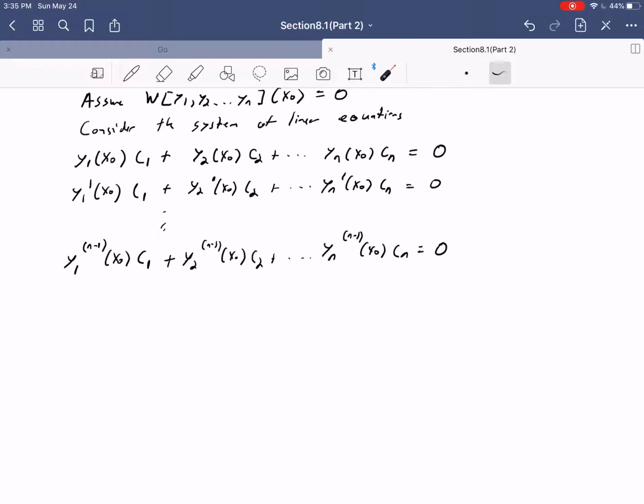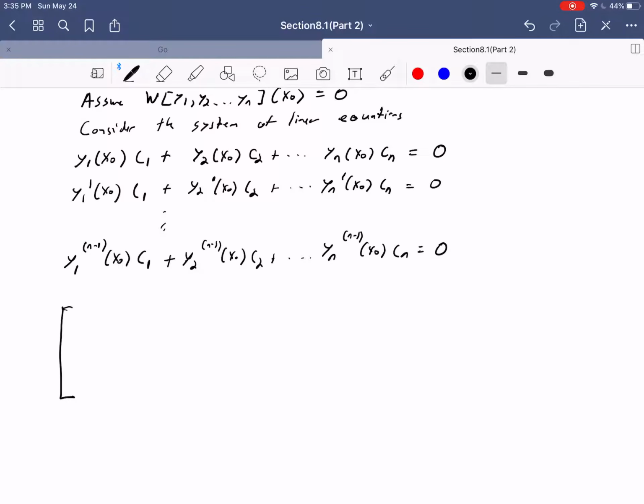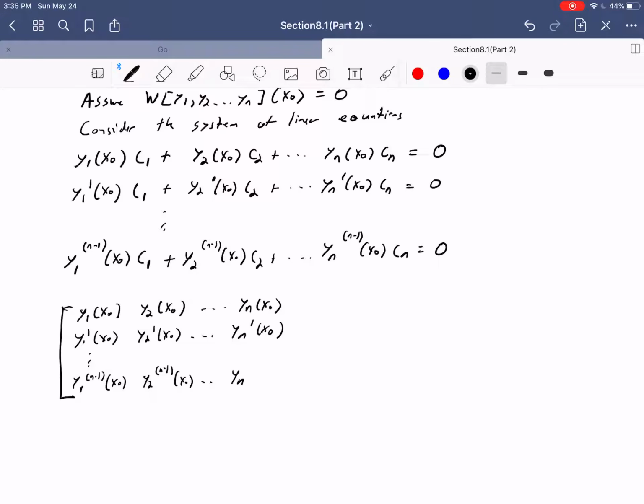Now, it shouldn't be hard to see that if we phrase this as a matrix equation, we'd be phrasing this as y1 x0, y2 x0, yn x0, then y1 prime x0, y2 prime x0, down to yn prime x0, all the way down to the n minus 1 derivatives of y1, y2, all the way down to yn at x0, then times that column vector c1, c2 down to cn equals 0, 0, all the way down to 0.